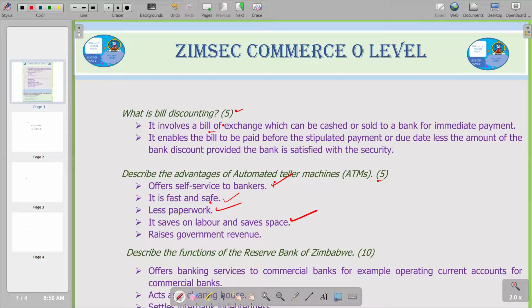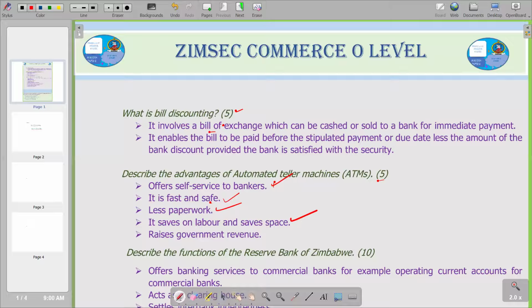It raises government revenue. We know that government revenue comes mainly from the use of one of the fiscal policy instruments, that is taxation. Obviously, with the use of those ATMs, we are going to be charged a certain amount for the service, and the money that the bank is going to receive from charging you for the use of that ATM is also going to be charged a tax by the government.